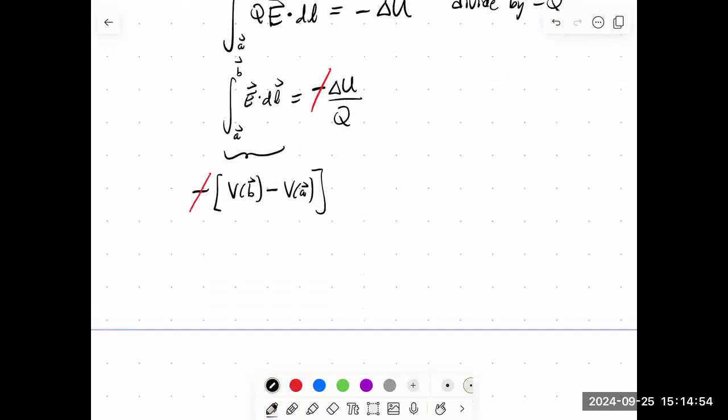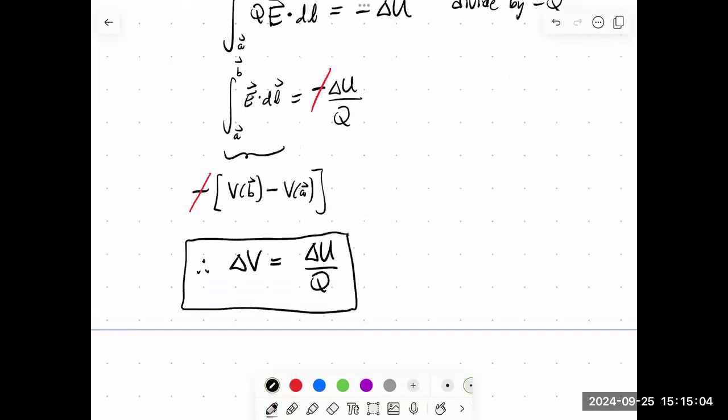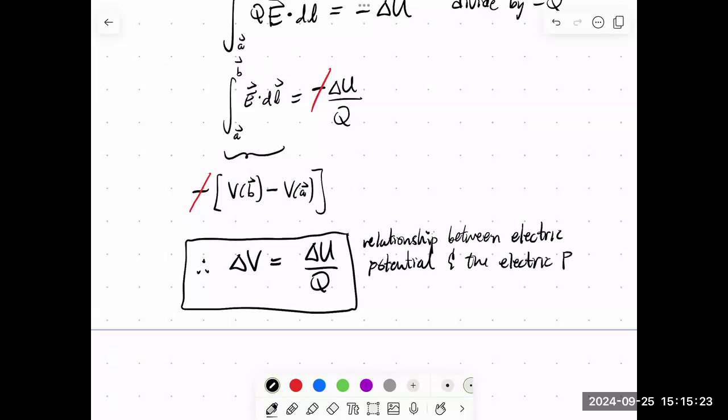And so therefore, the change in potential is equivalent to the change in potential energy per unit charge. So this is a relationship between the electric potential and the electric potential energy.